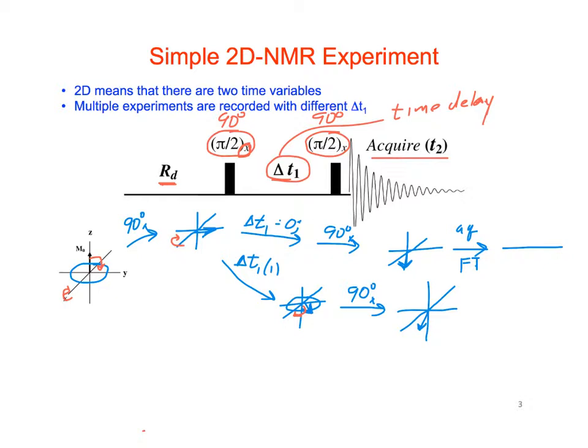Well, it went from being in the XY plane, so it went from out here. Remember, all we're doing in each of these is rotating around the X axis. Right, so if we have it like this, the XY plane was like this, right?